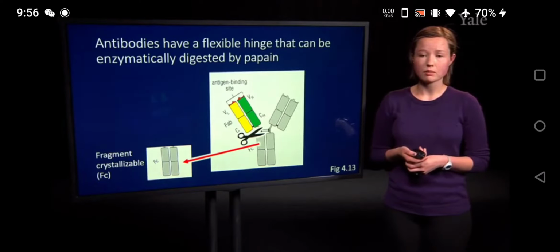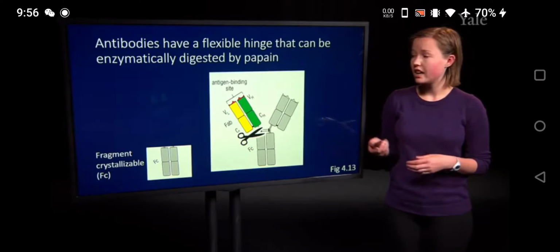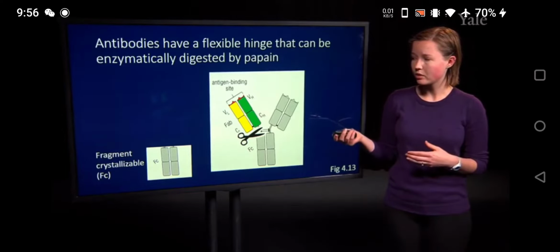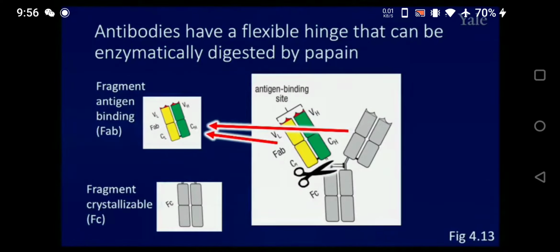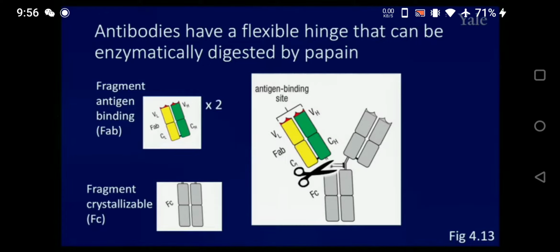In addition to this, when we digest with papain, we get this other fragment. This is the fragment antigen binding because this is the fragment that has the variable region, which is necessary for actually binding to antigen. And as you can appreciate, there will actually be two of these fragment antigen binding regions for every one fragment crystallizable region because of these two arms.